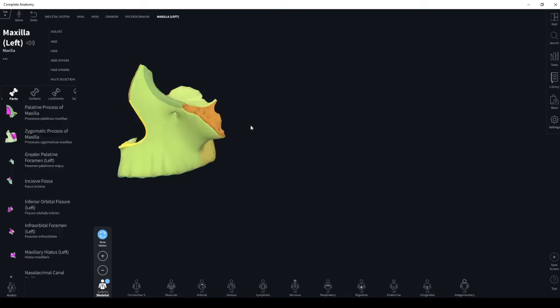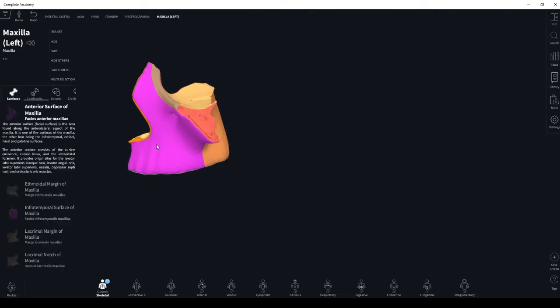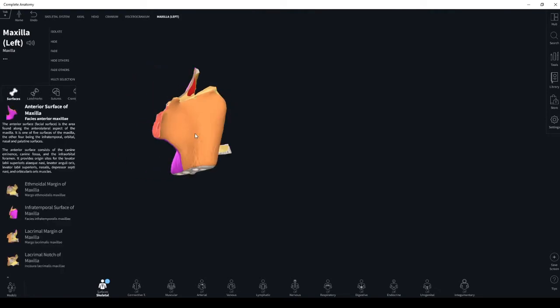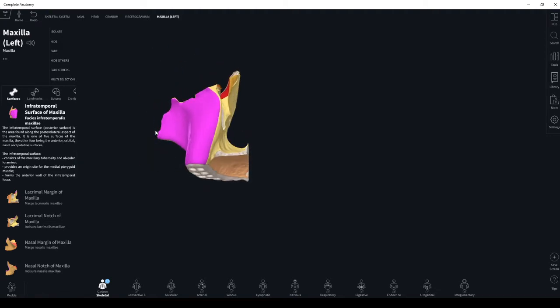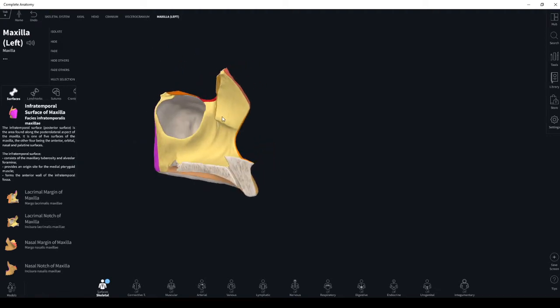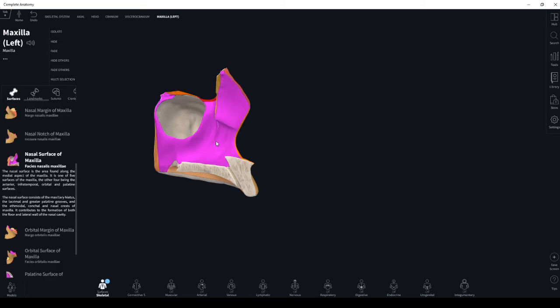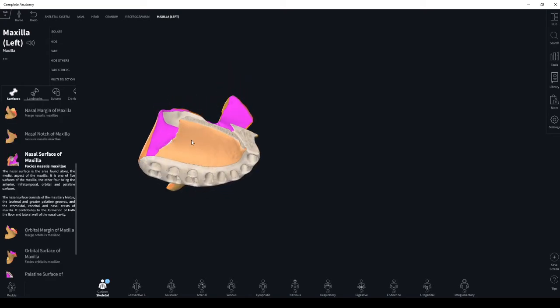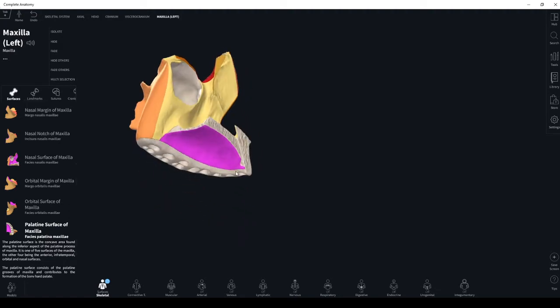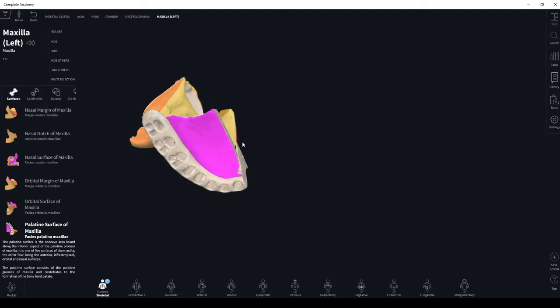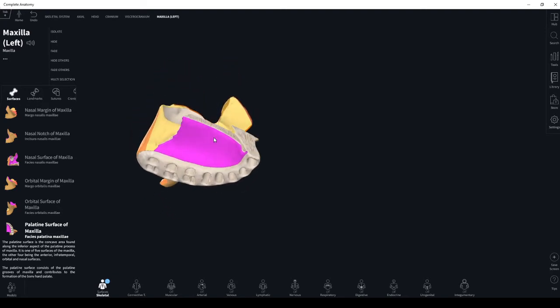This one we call the anterior surface, then the posterior surface, or infratemporal surface, the nasal surface, and the palatine process or oral surface. The palatine surface is concave, found along the inferior aspect of the palatine process of the maxilla.